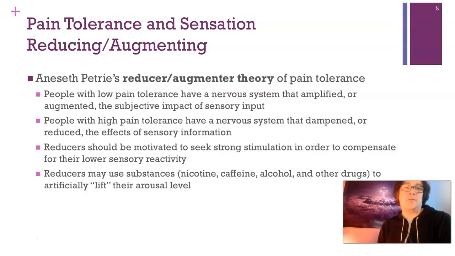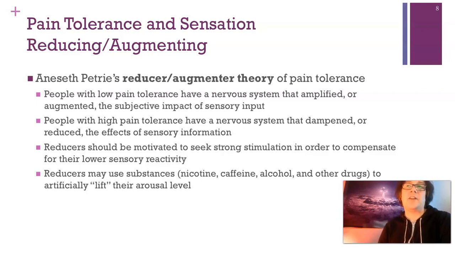And she was able, through these studies, to quantify how well each subject could tolerate pain. So she was able to actually measure how well these participants could tolerate this pain.